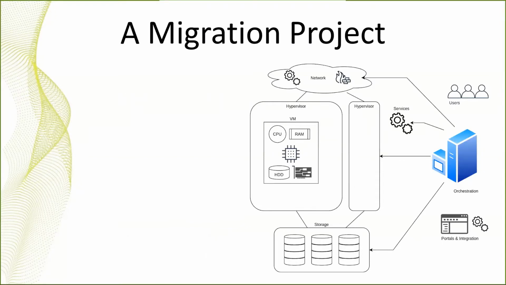So let's first look at a high-level overview of how a migration project might look. Before we go with this, I would like to make an important note. All the methods that we will discuss today assume that the virtual machines will be stopped at least once during the migration from one type of hypervisor to another.